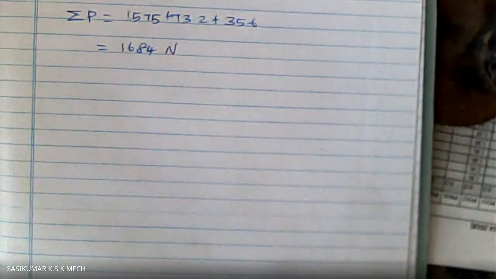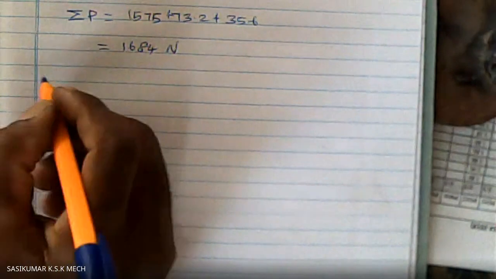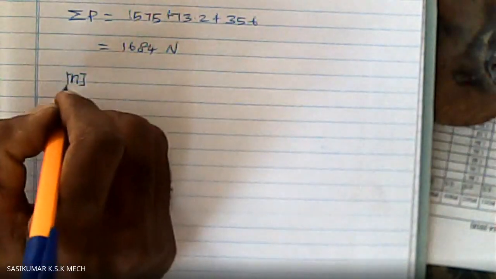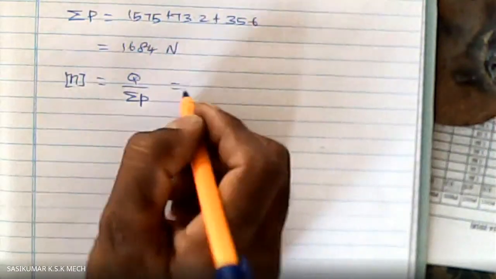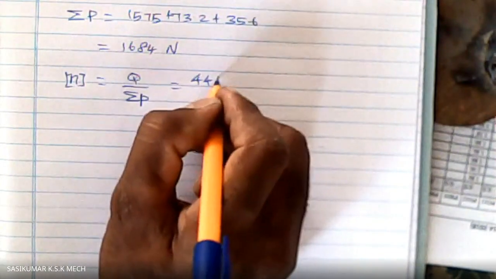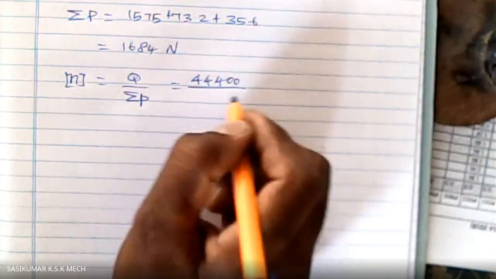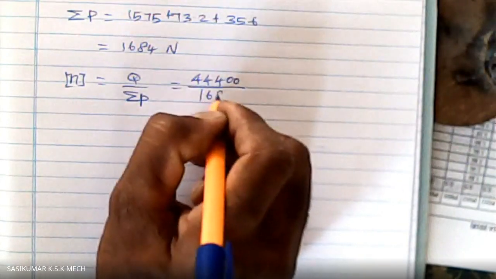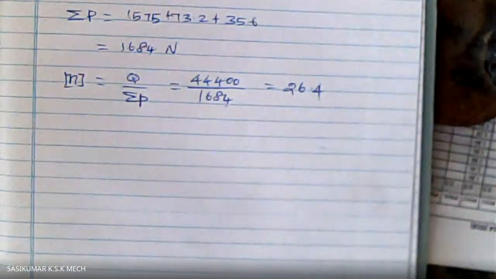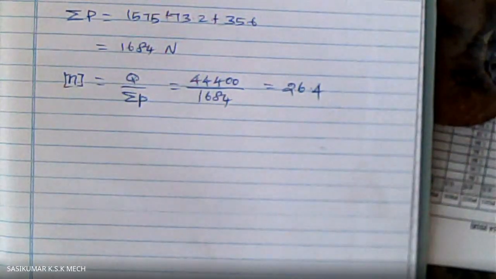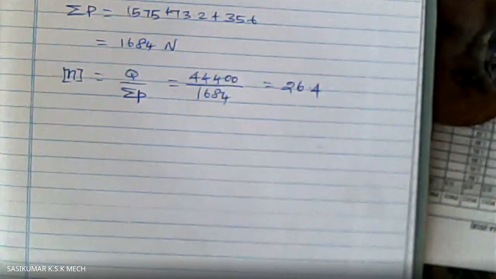Now the actual factor of safety or design factor of safety is Q by sigma P. Here Q is 44,400 divided by 1684, so it is 26.4. This factor of safety is greater than the adopted value. The adopted factor of safety is 16.5, I think.